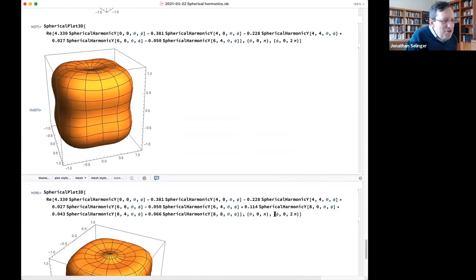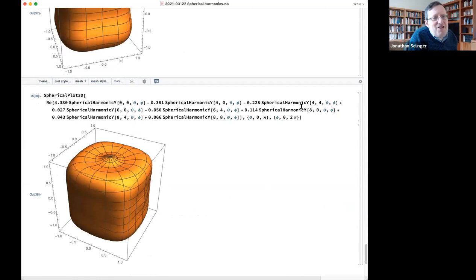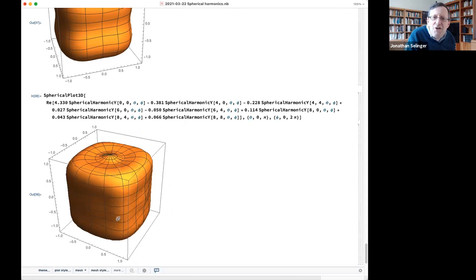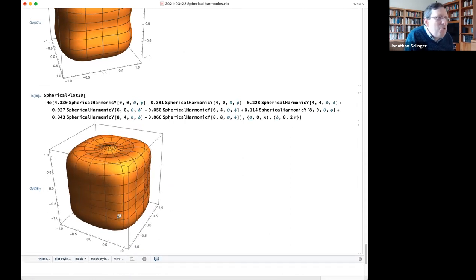Here I go up to 8. And so I put in some of 8, 0 and 8, 4 and 8, 8. It's getting closer. The more terms I put in, the closer I can get to representing sharp features like corners. But I'm never going to be able to have a perfectly sharp corner.